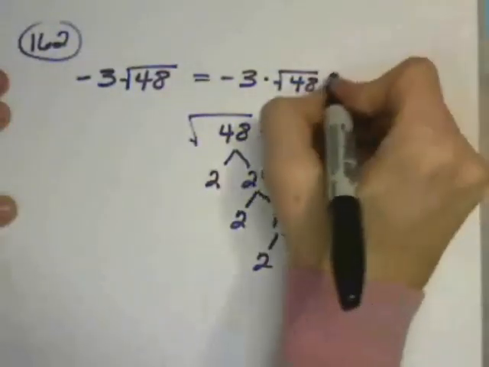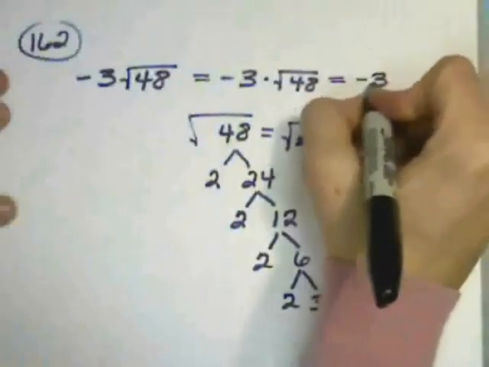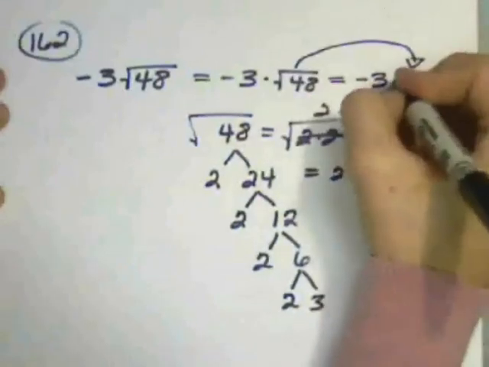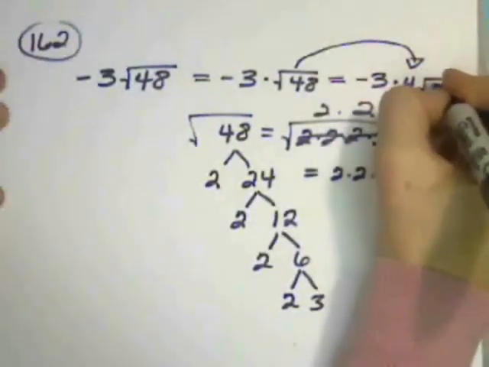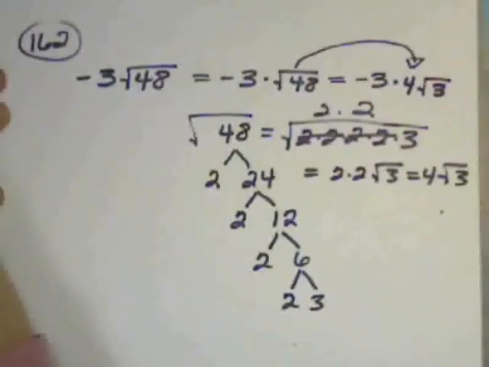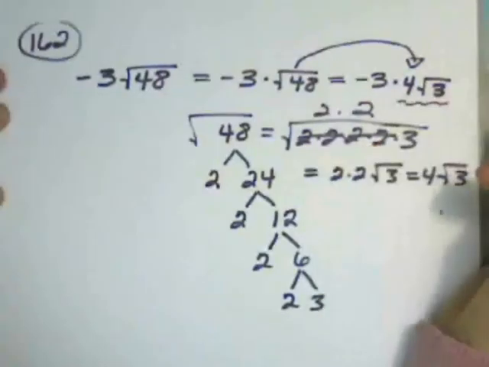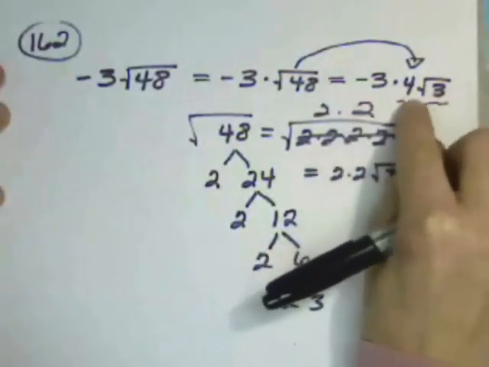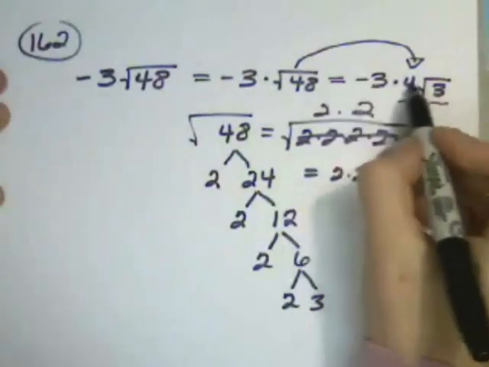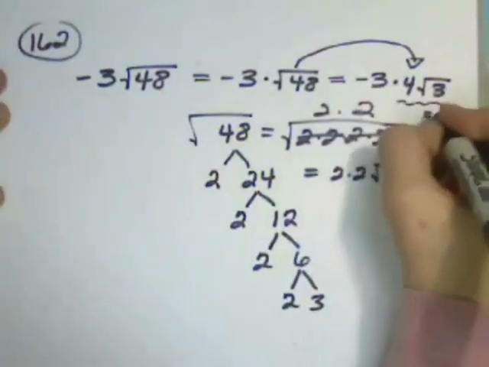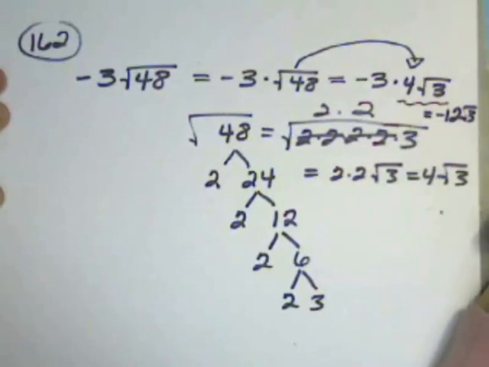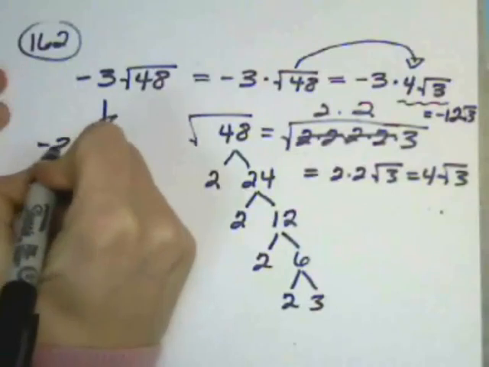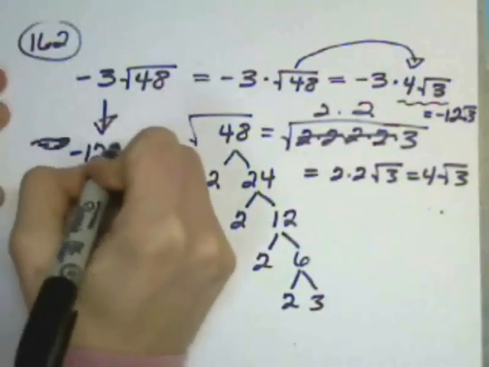So what we get in our original problem is that negative 3 is still on there, but we replace the 48 with 4 square root of 3. That's going in place of the 48. But of course, now we have 3 pieces attached by multiply, negative 3 times 4 and 4 times square root of 3. So negative 3 times 4, that's actually, let's see, negative 12 square root of 3. So the answer to this one is negative 12 square root of 3.